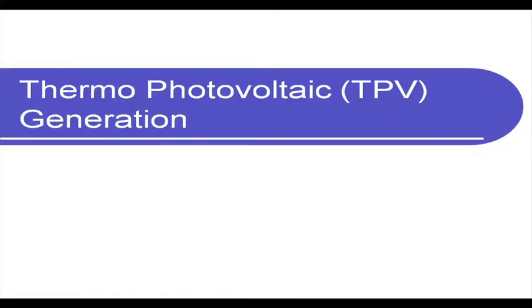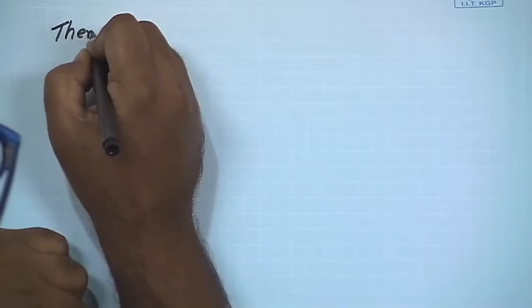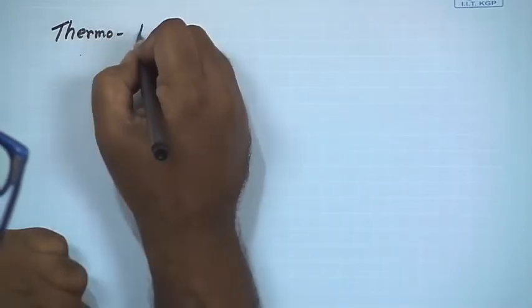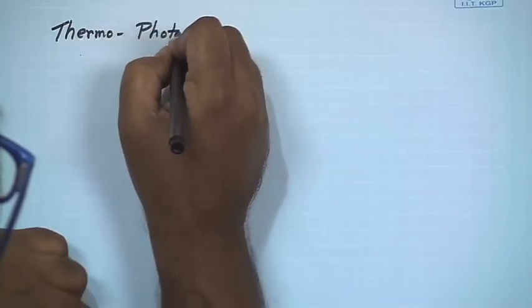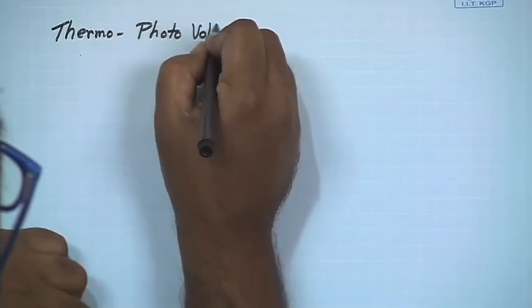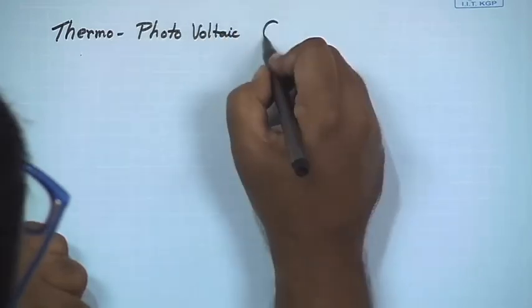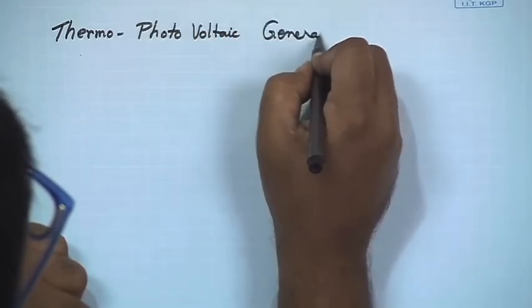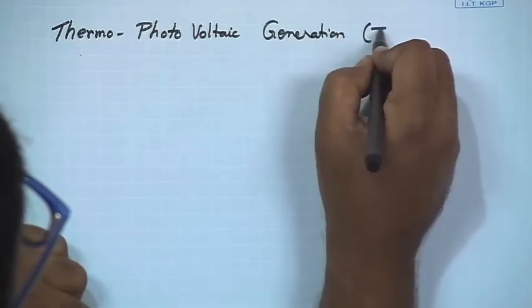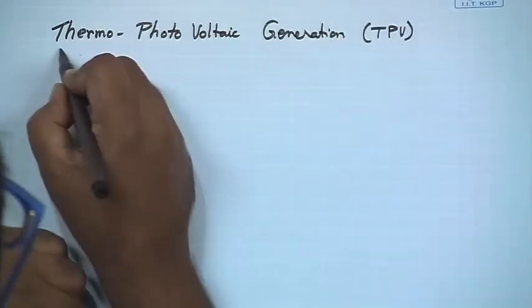This class of direct conversion device is known as thermophotovoltaic generation, or TPV.